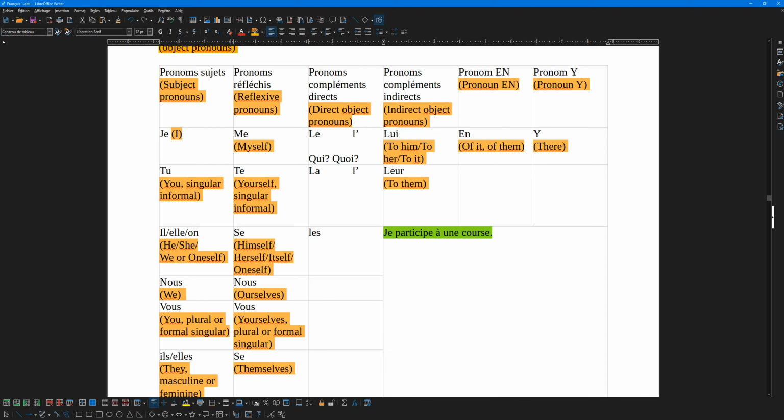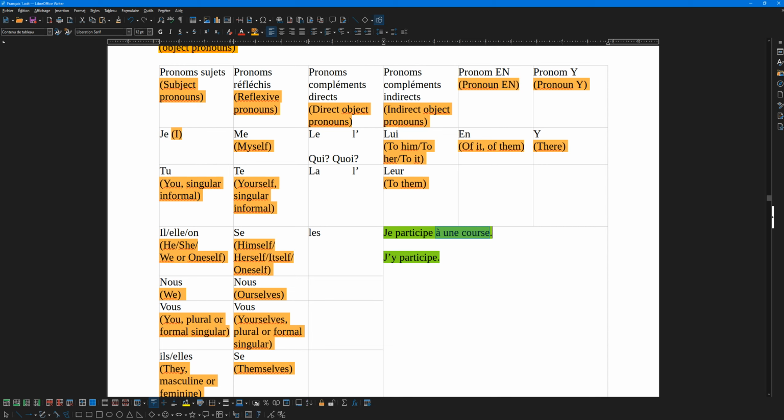You like running? Une course will be a running course. Je participe à une course will be j'y participe. I'm participating in it. So, à une course. So the difference with the pronom complément direct here is that you don't communicate with somebody. And in the example that I gave you, it's not to somebody.